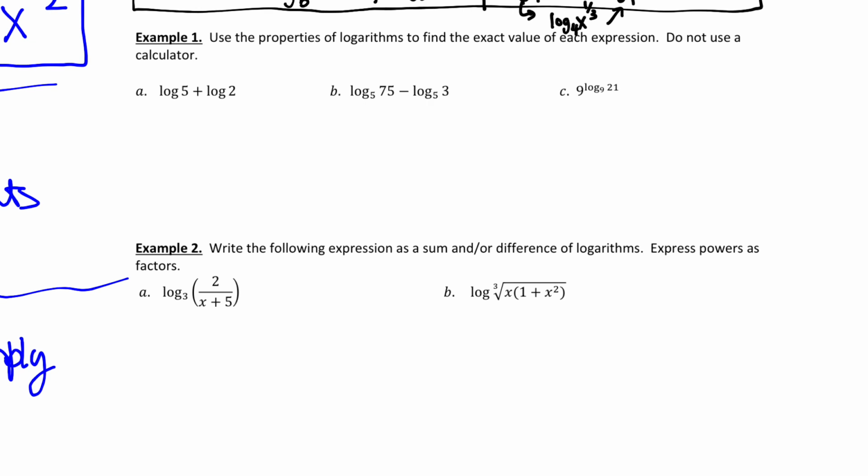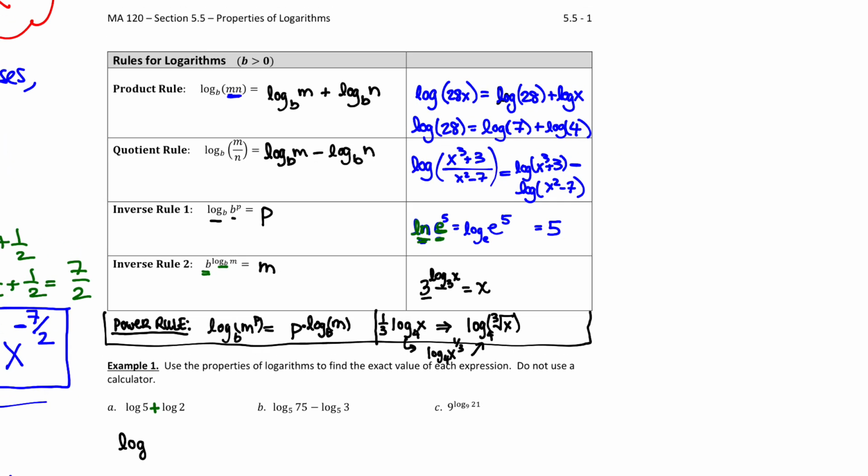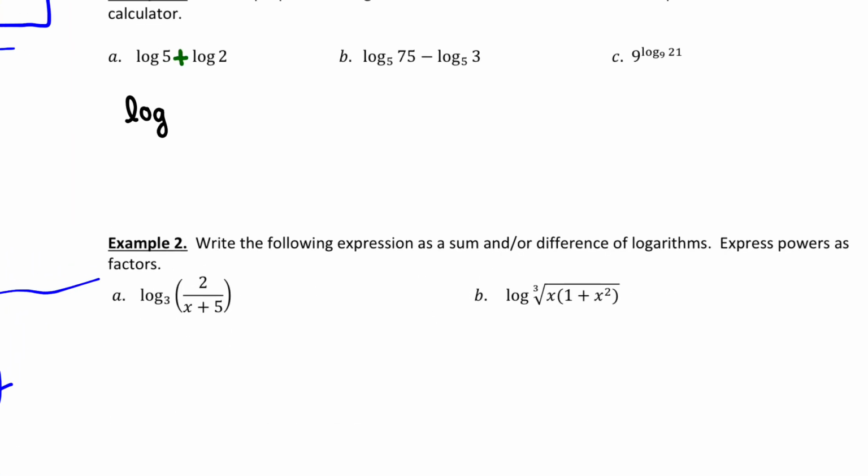So if you have two logarithms, we can combine them into one logarithm using the rule. The rule says if you have two logarithms that are added, you multiply those values to get them into a single logarithm. In other words, you're looking for the log of 10.